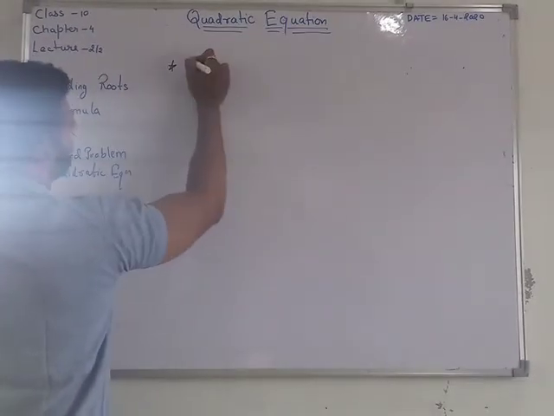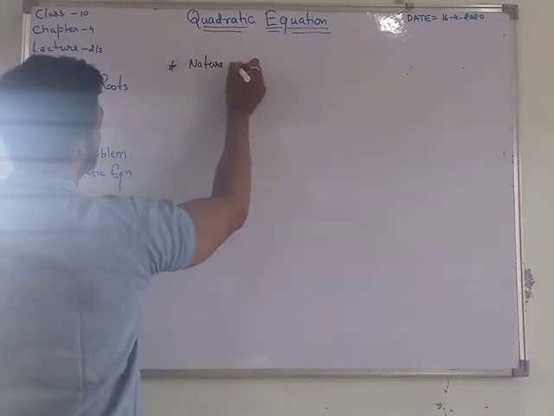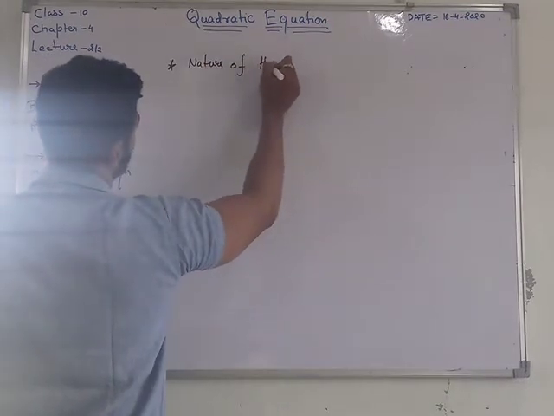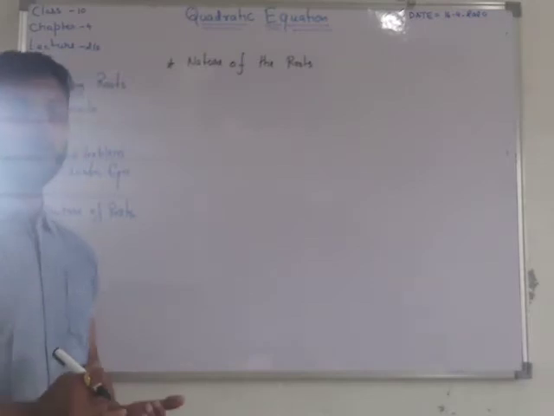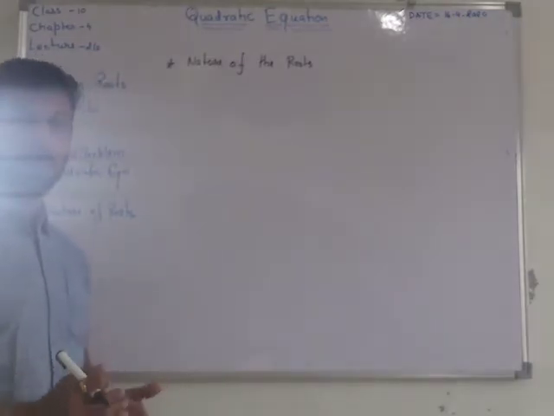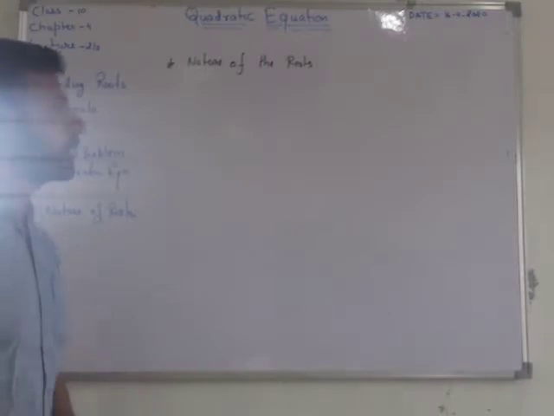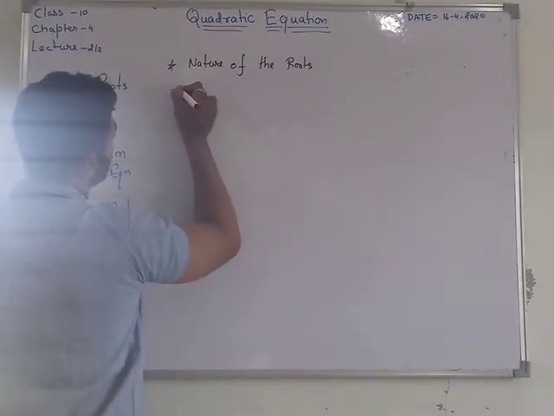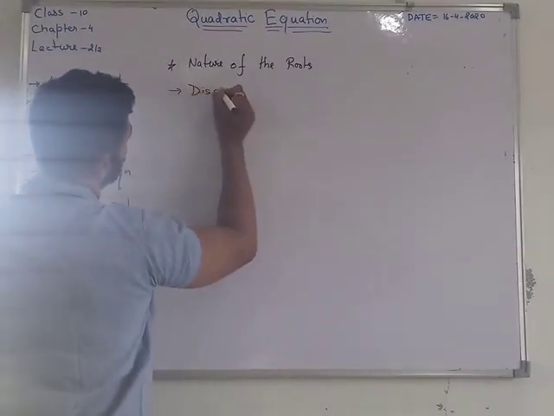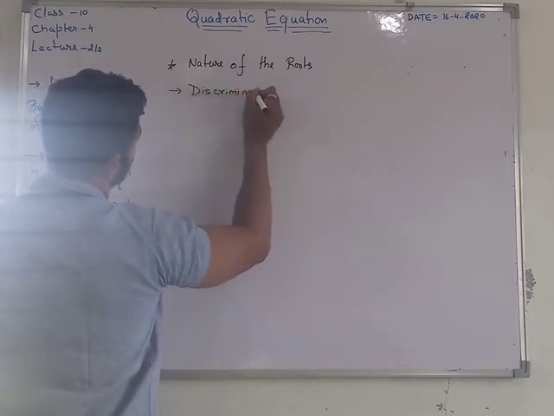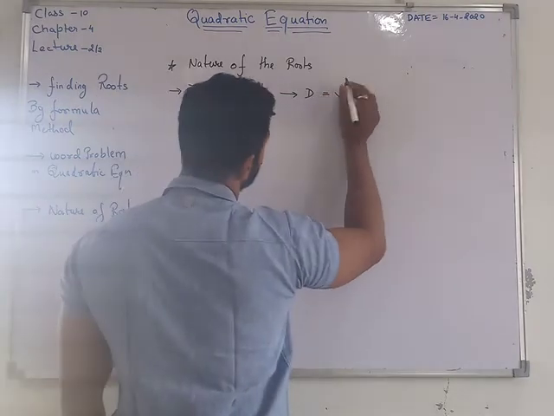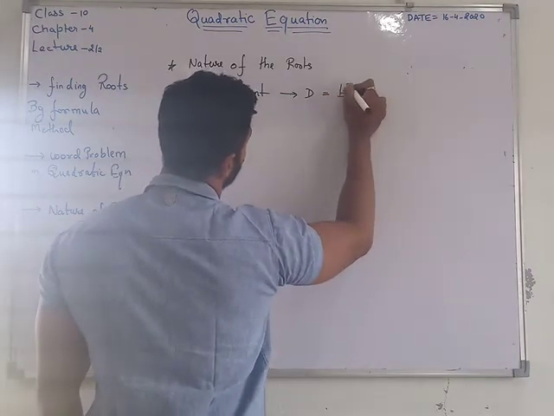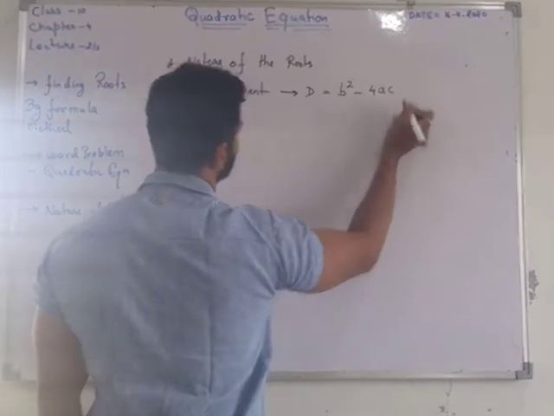Nature of the roots shows whether the roots are real or imaginary, equal or distinct. For that we use one term called discriminant. It is denoted by D and its value is b square minus 4ac.